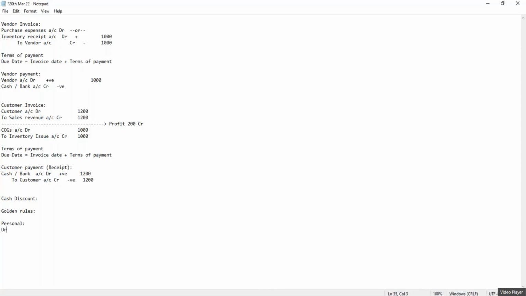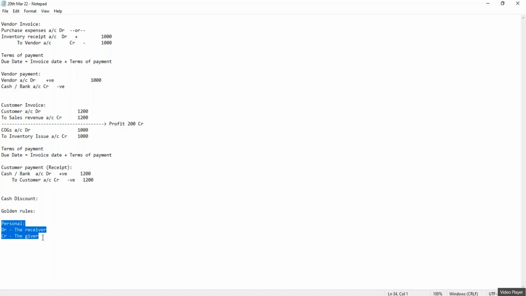So debit the receiver, credit the giver. This is the golden rule for personal accounts you have learned: debit the receiver, credit the giver.